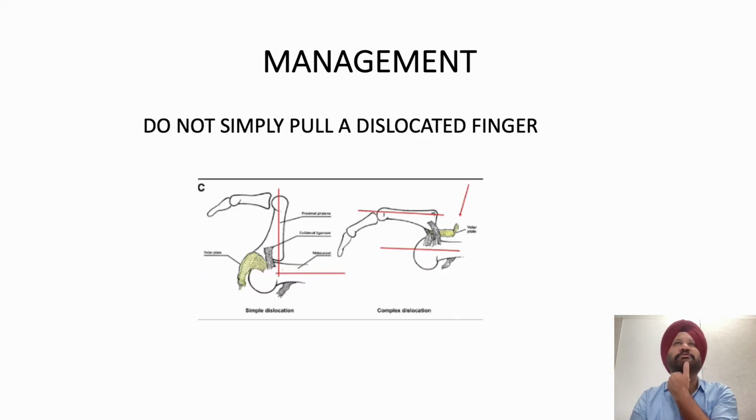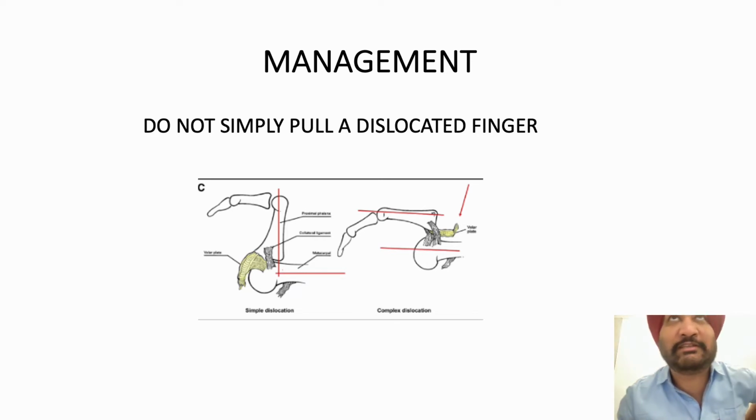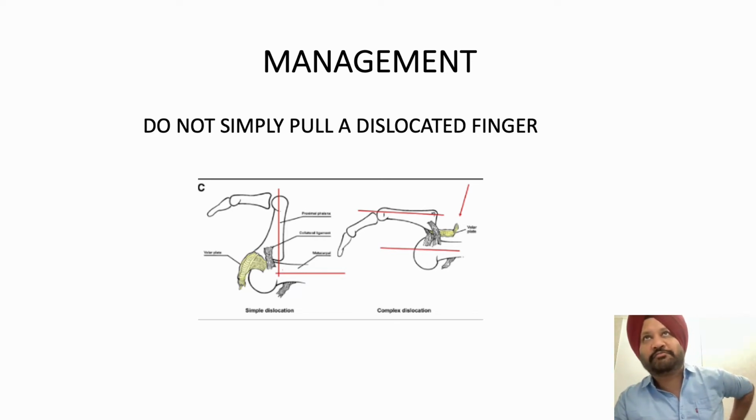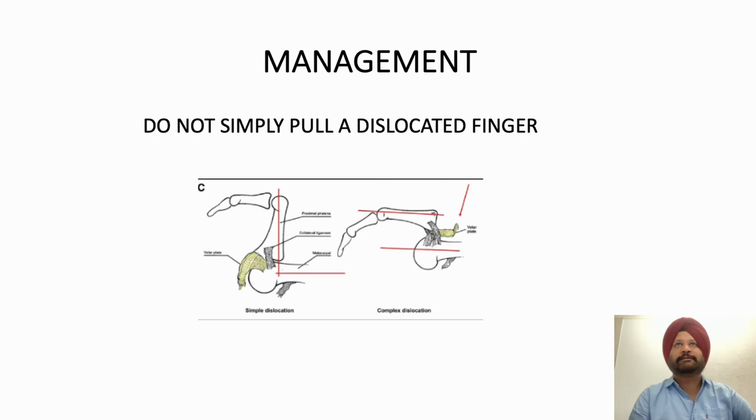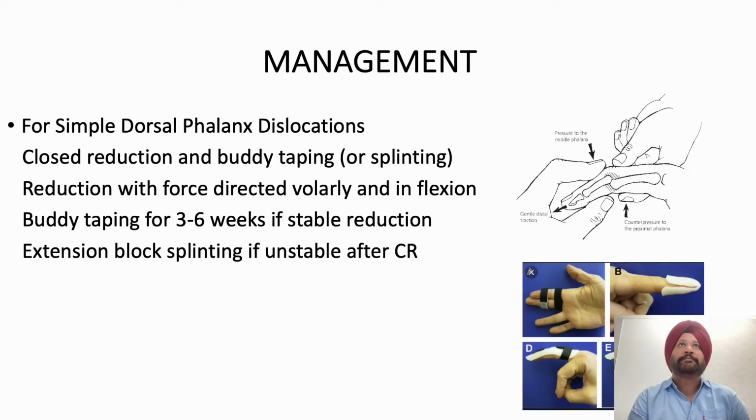Now, coming to the management: do not simply pull a dislocated finger, because we don't know if it's a simple dislocation or a complex one. In the same figure, the complex, we can see there is a volar plate interposed between the dislocated ends, so not a good idea. Management for simple dorsal phalanx dislocations: closed reduction and buddy taping is one of the procedures.